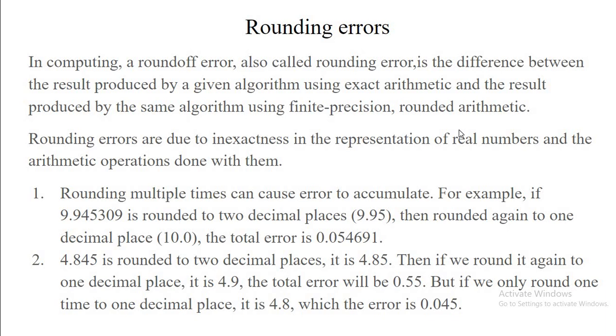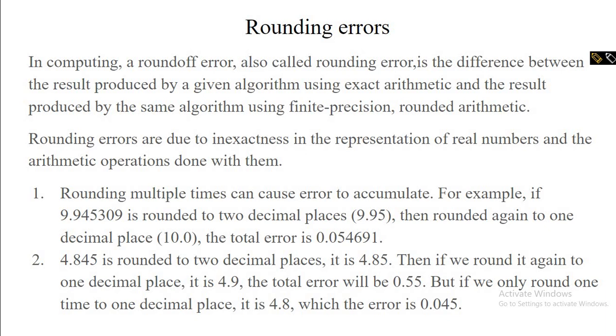In computation, a round off error is the difference between the result produced by a given algorithm using exact arithmetic and the result produced by the same algorithm using finite precision rounded arithmetic.